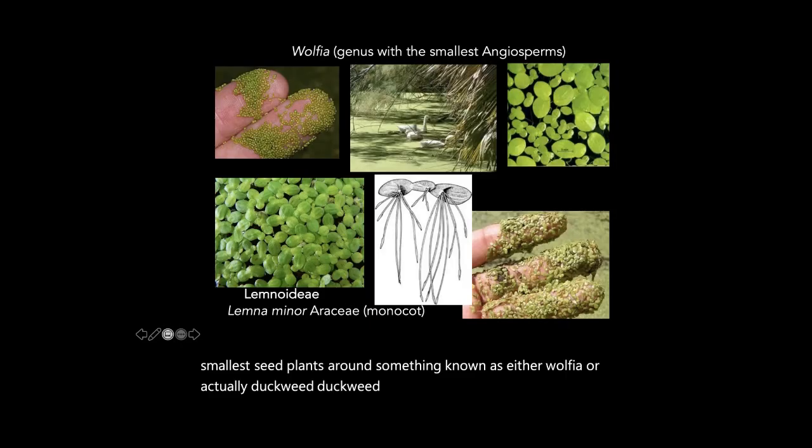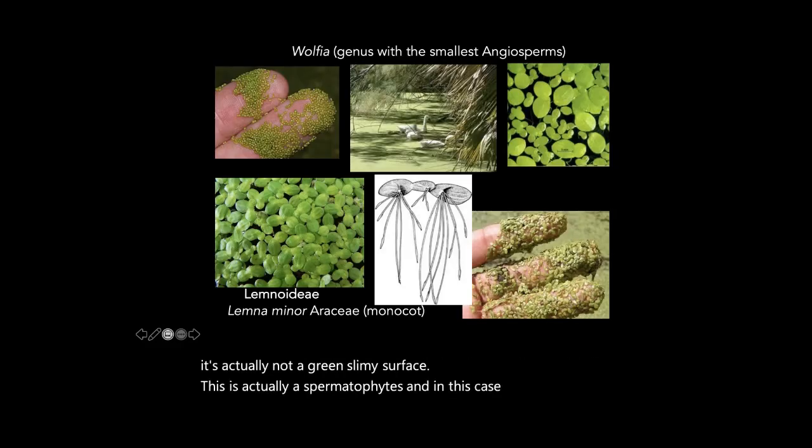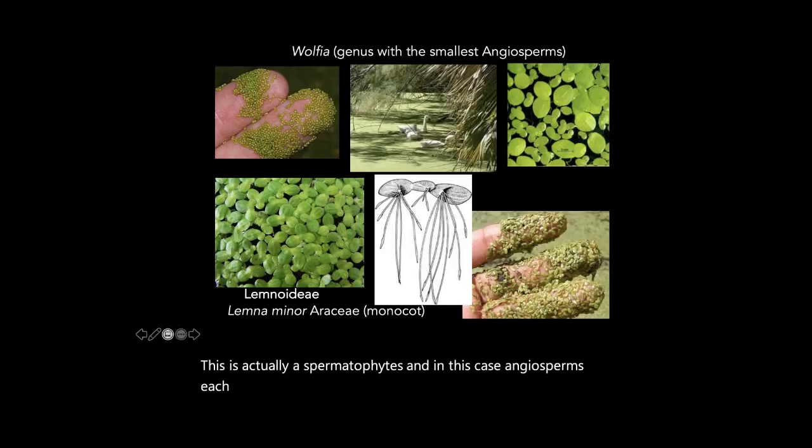Sometimes you'll go to ponds, often ponds where you see swans and ducks, and you see this green slimy surface on the top. Well, it's actually not a green slimy surface. This is actually a spermatophyte, in this case, angiosperms. Each individual is exceptionally small. You have these little roots, these little leaf-like structures, and you even have little flowers and little seeds as well.